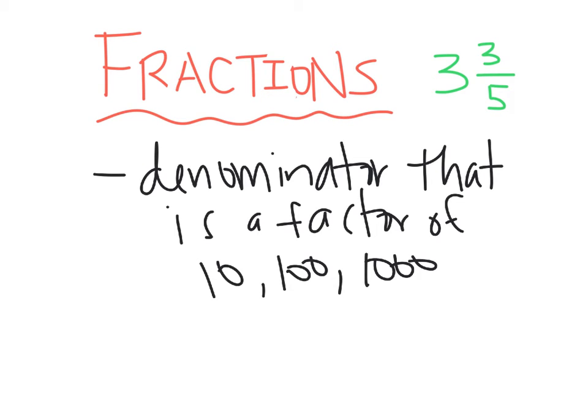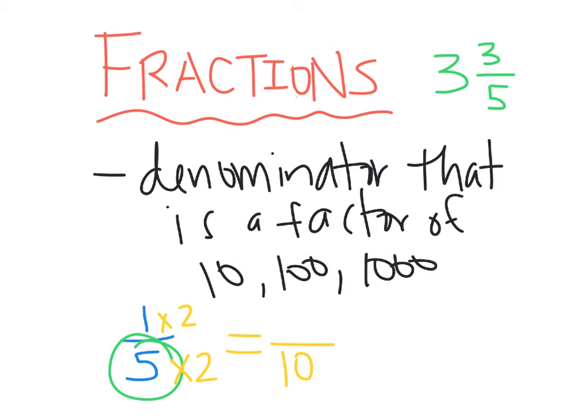So for example, if I give you the fraction, I don't know, 1/5, we know that 5 is a factor of 10, so I could multiply 5 times 2, and that would get me to 10, and then I would do the same thing to the top. It's like finding an equivalent fraction.